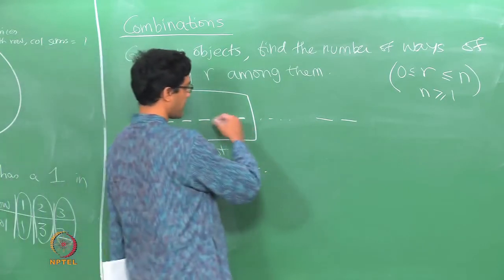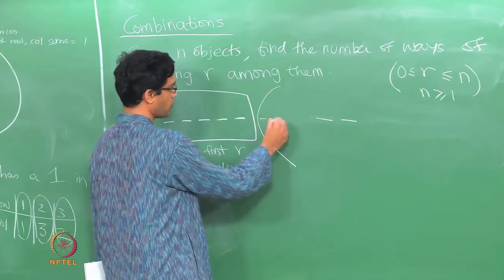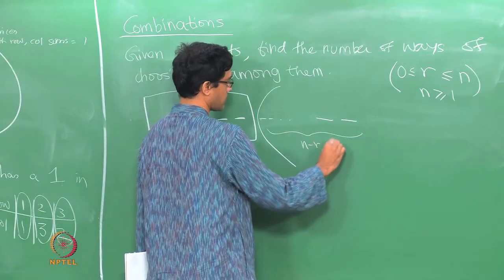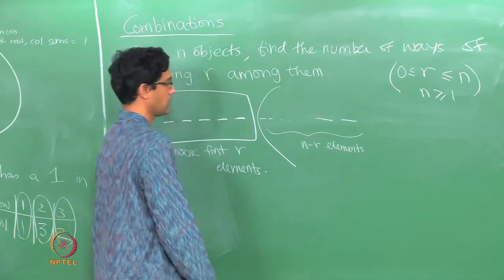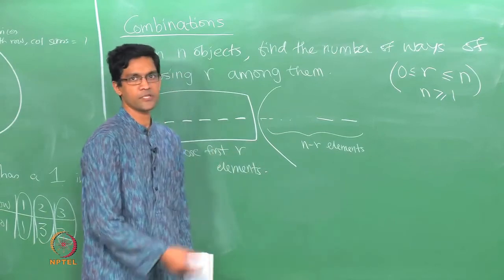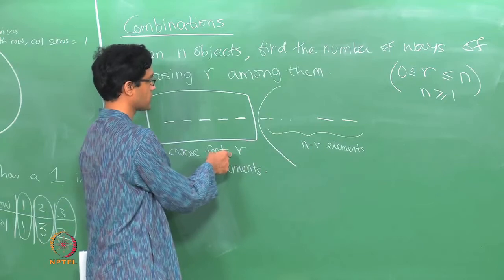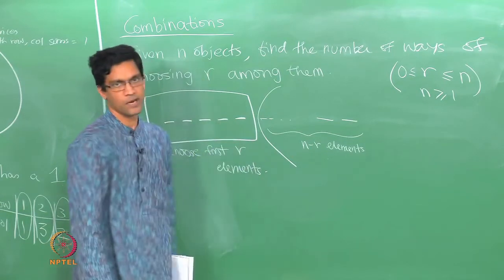Similarly, if you construct a new permutation by permuting the remaining n minus R elements that are not chosen in any order you want, the final choice of R elements will remain the same, because you only worry about the first R elements.